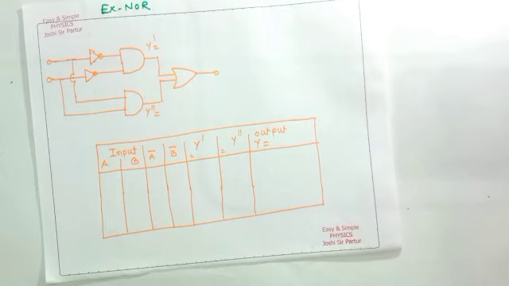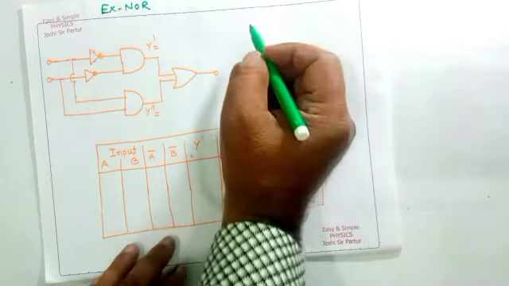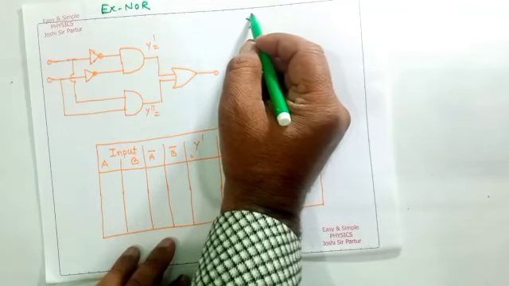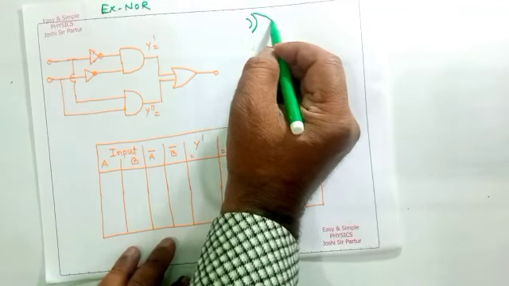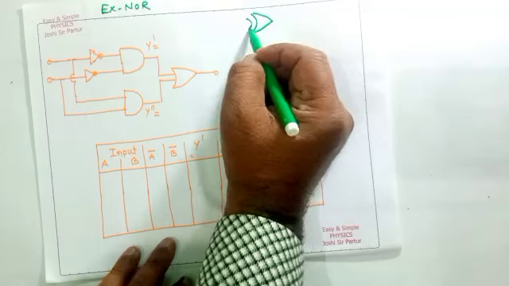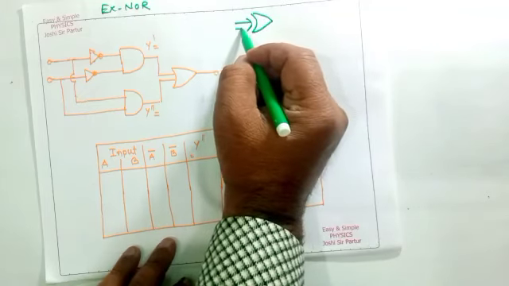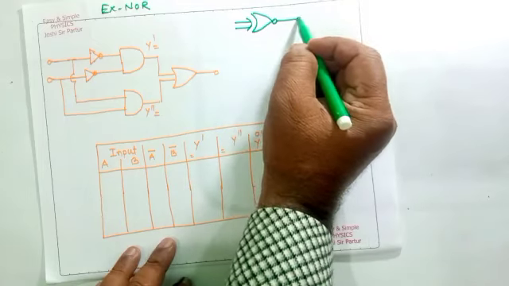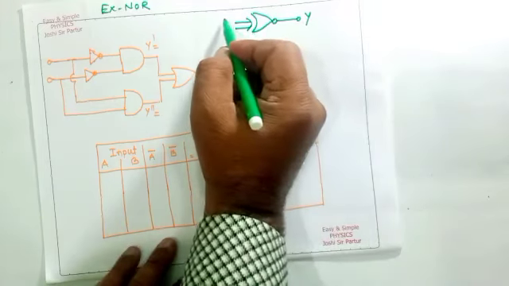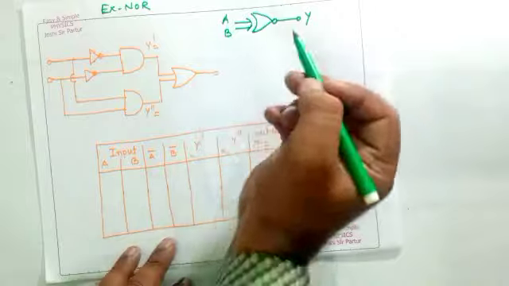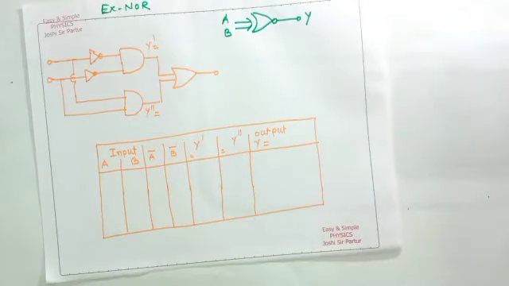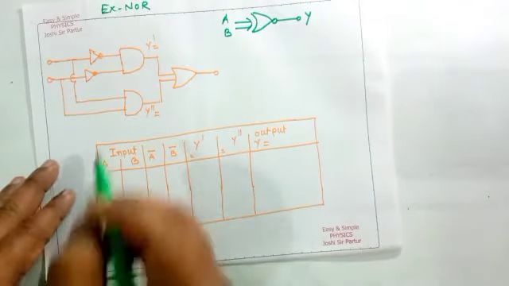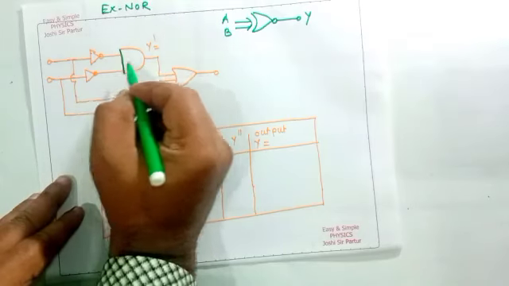So the symbol for the XNOR gate will be like this, having two inputs and one output. This symbol has two AND gates.